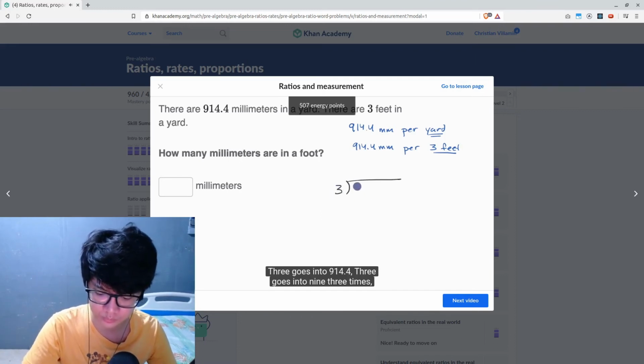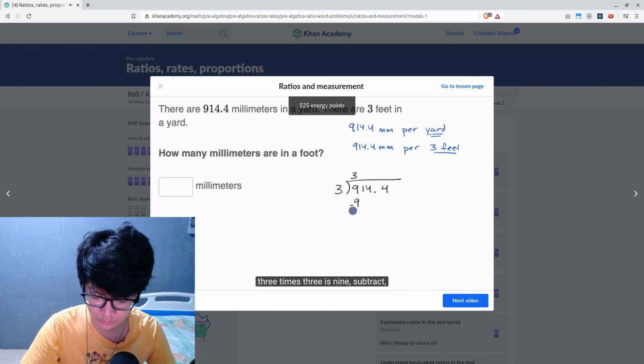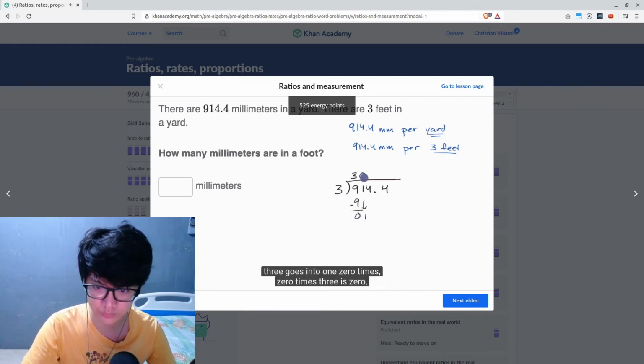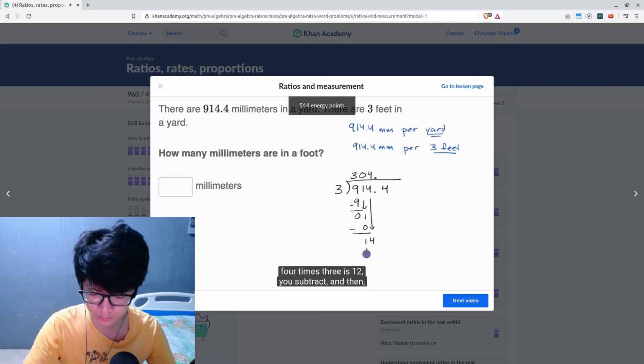3 goes into 914.4. 3 goes into 9 3 times. 3 times 3 is 9. Subtract, we get a 0. Bring down the 1. 3 goes into 1 0 times. 0 times 3 is 0. Subtract, you get a 1. Bring down that 4. 3 goes into 14 4 times. We're going to have this decimal right over here. 4 times 3 is 12.